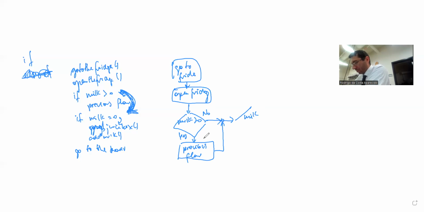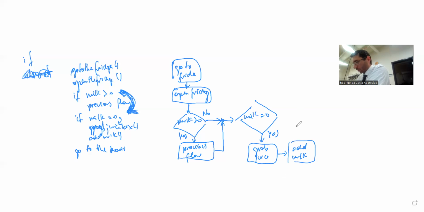So this is how it looks. And then we do milk equals to 0, right? What are the answers? Yes. What if yes? Then grab juice. And then the next one is add milk. See how if this is no, it goes out.